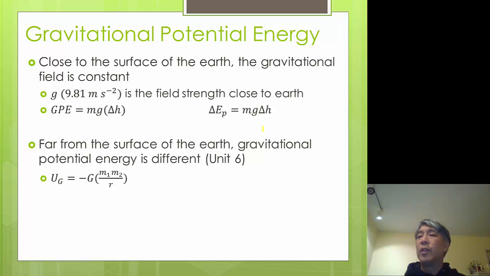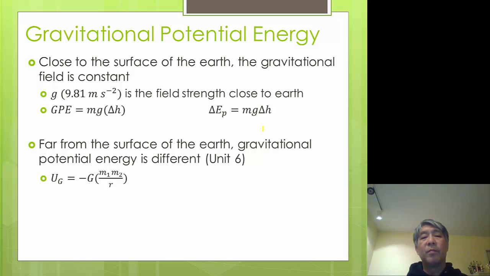Frequently we define an arbitrary zero level, usually the lowest point in the picture, but it doesn't have to be that point. As we look into gravitational distances, which we will in Unit 6 and Unit 9, gravitational potential energy changes because g is no longer this constant of 9.81.